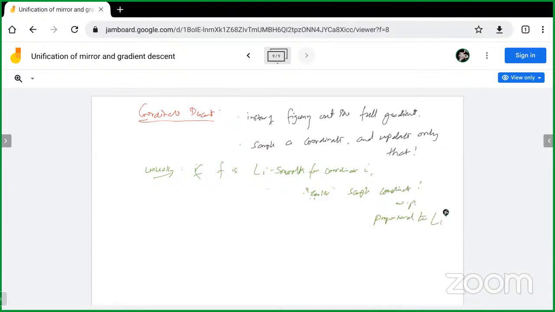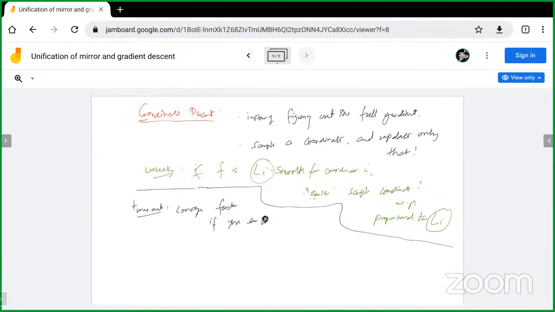This is for regular as well, I suppose. But it turns out that, using an analysis similar to what we just showed, it converges faster if you sample with probability proportional to the square root of L_i.